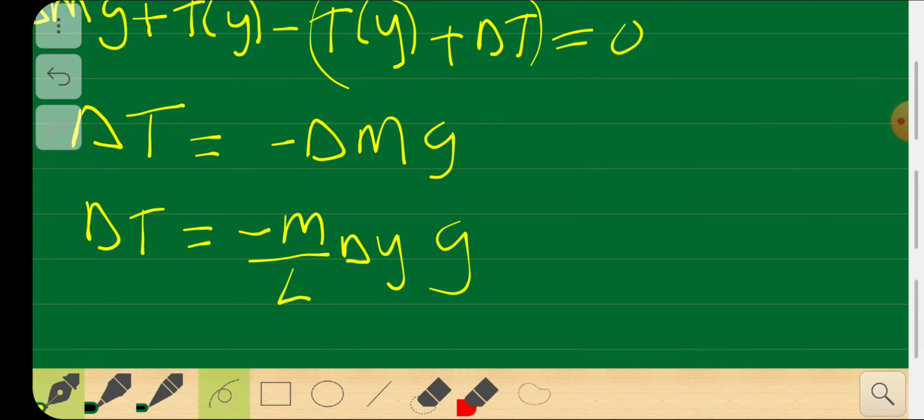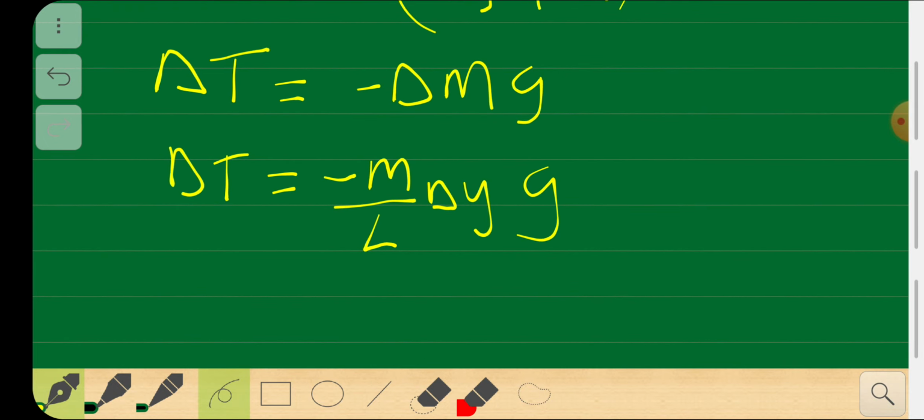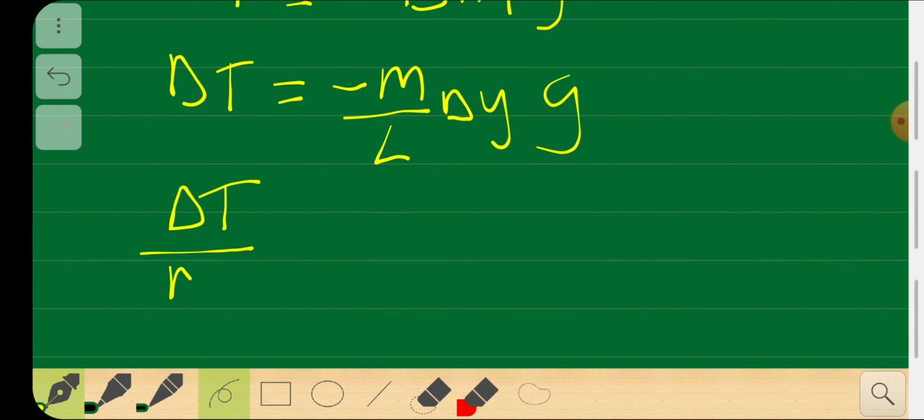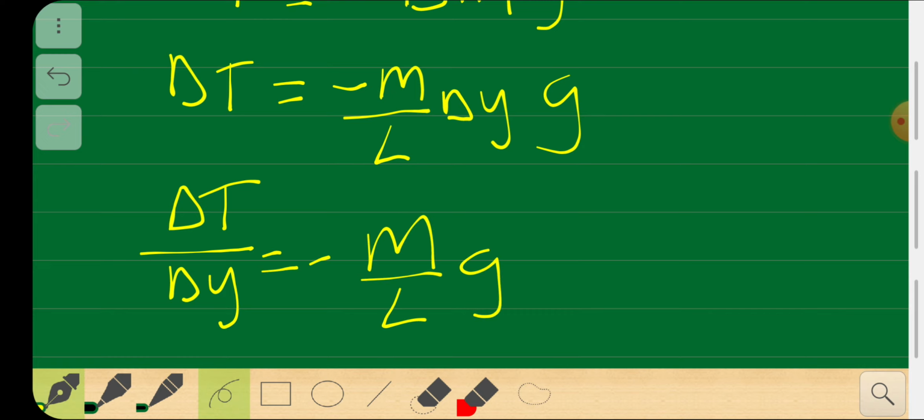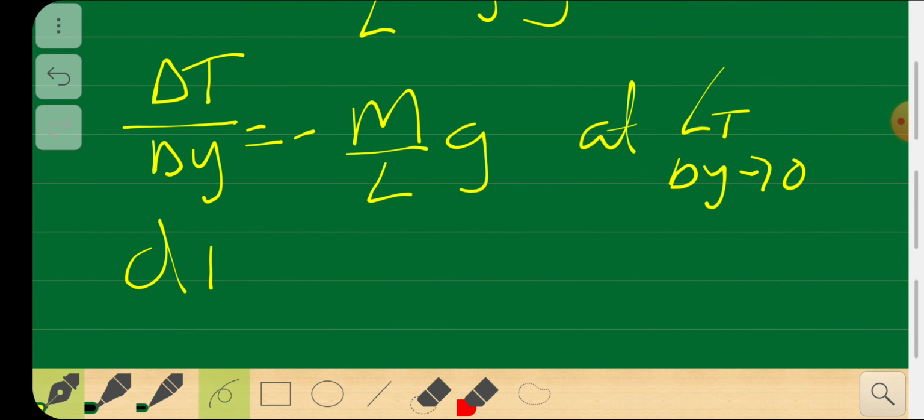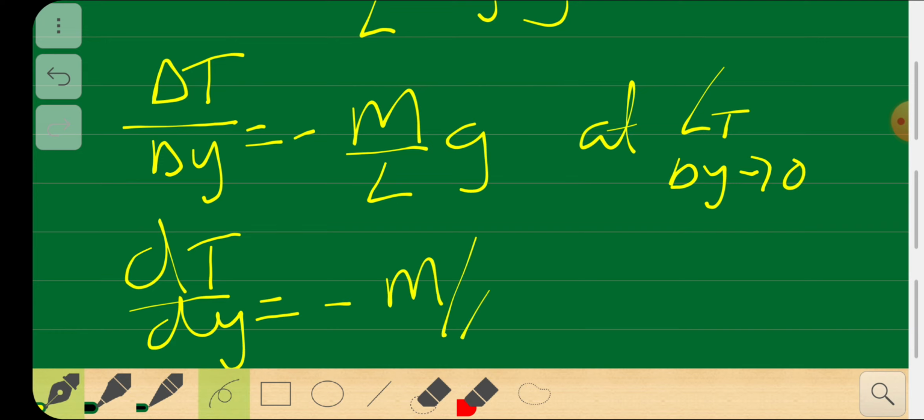We can write it in a different way: delta T by delta y must be equal to minus m by L g. For smaller changes in y, as delta y tends to 0, this becomes dT by dy, equal to minus m by L g.